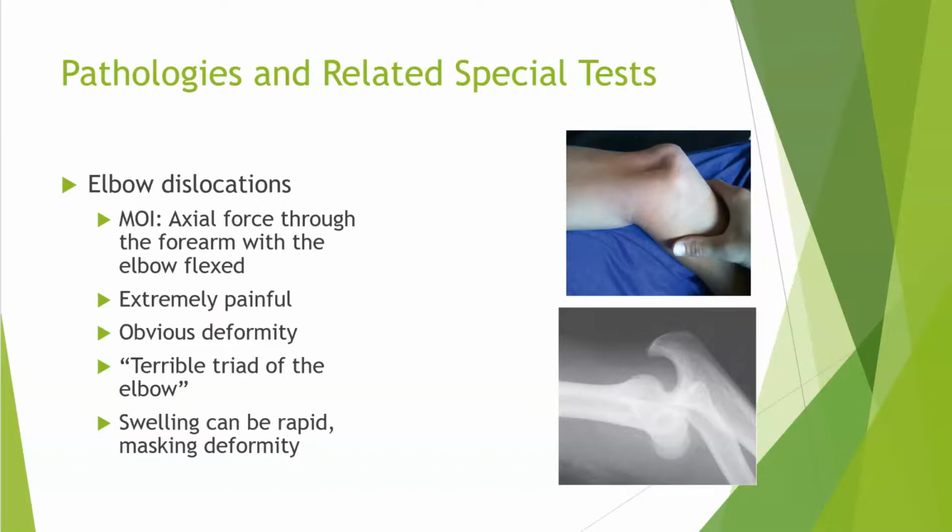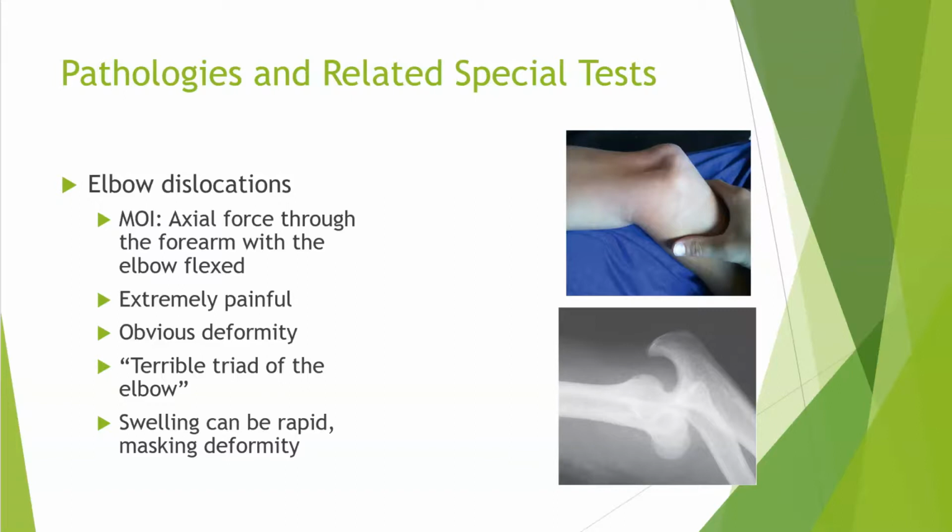Okay, so elbow dislocations. We already saw that wrestler earlier on. Again, 90% of elbow dislocations are where the radius and ulna are going posteriorly or posterior laterally.